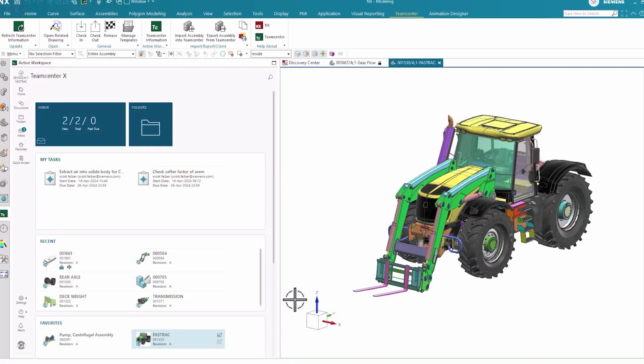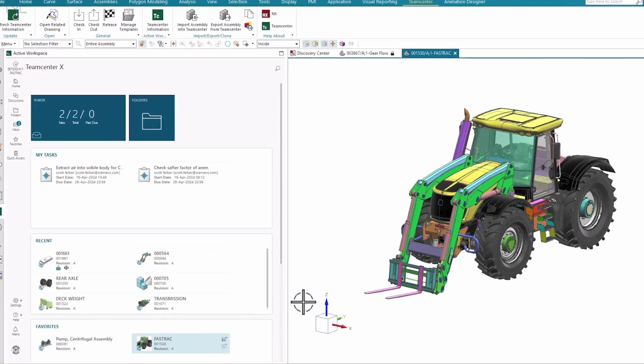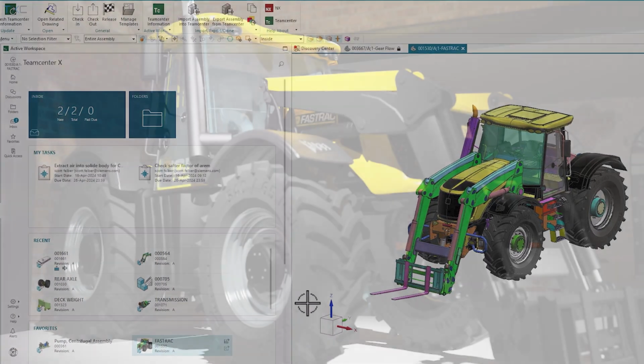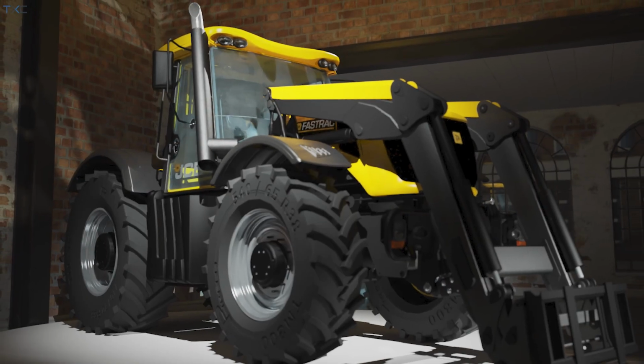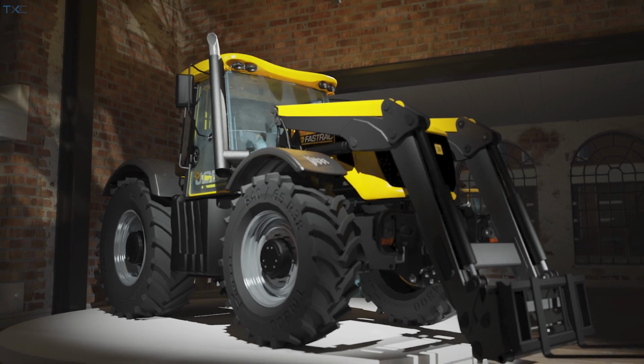What NX is primarily known for is the overall breadth and depth of the product. It is one of the most powerful CAD products out there on the market. We can cover literally every aspect of design, everything from upfront styling and design, all the way through to, of course, 3D modeling.